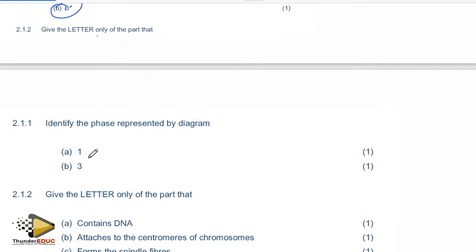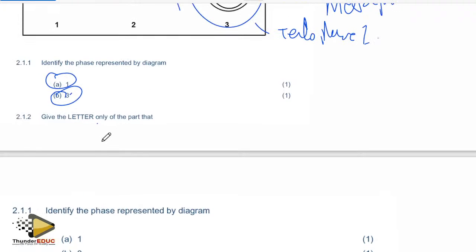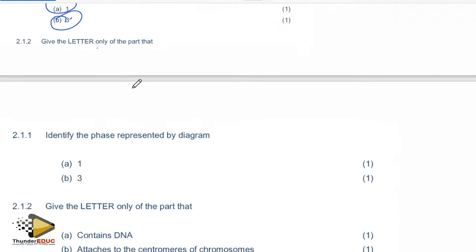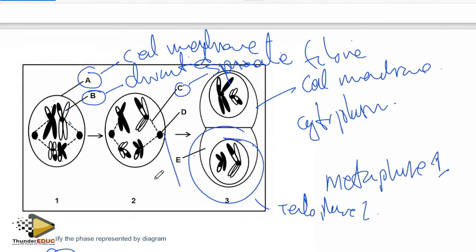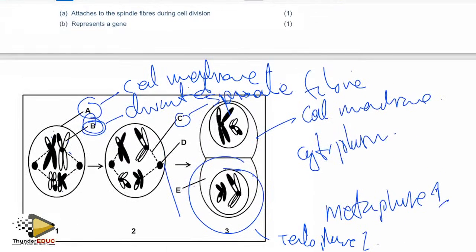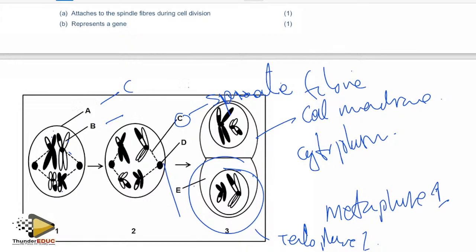Then they are saying, give the letter of the part that contains DNA. In this case, it is B. Yes, it's B. Why?